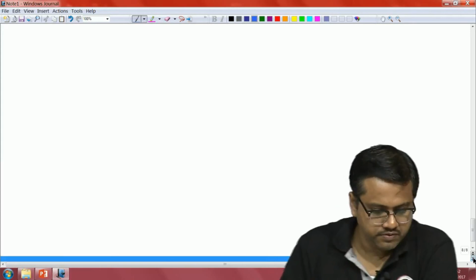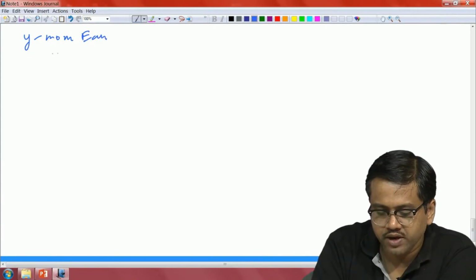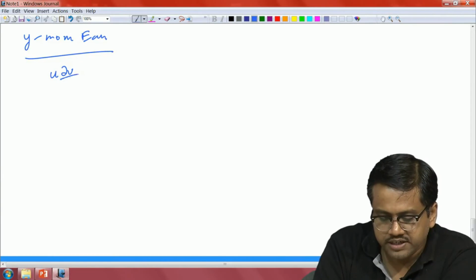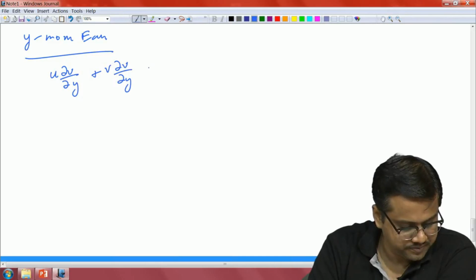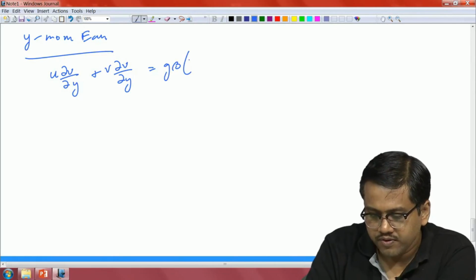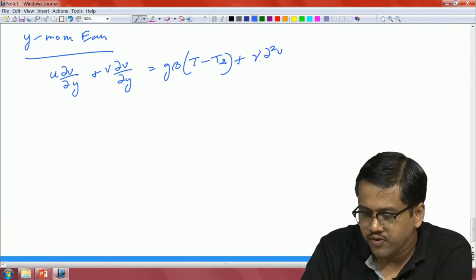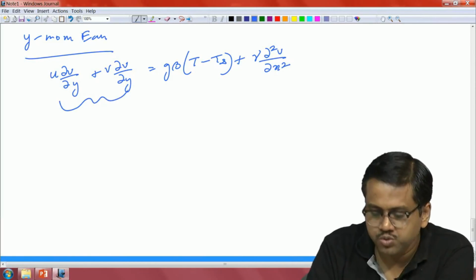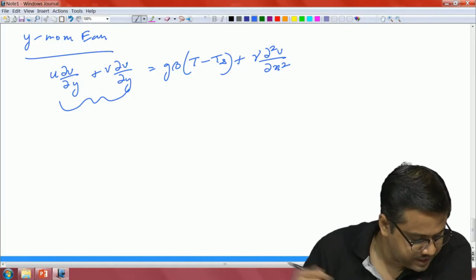Now, from the y momentum equation, let us attack the y momentum equation now. So, let us write it once again to be on the safe side. Now, these two will be the same, you know that from your old logic, as we did earlier.